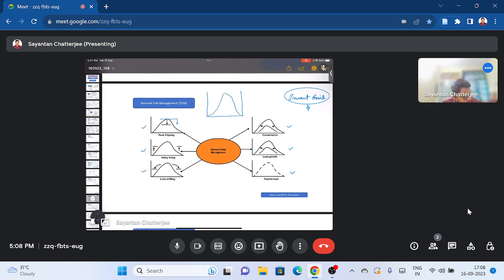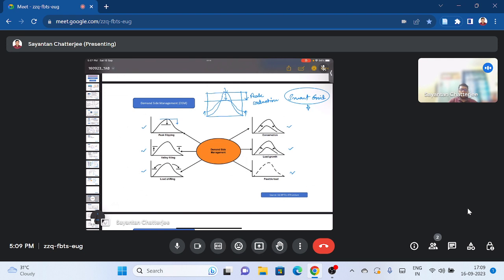Suppose we have a Gaussian curve, a symmetrical one, and this is an analogy I'm trying to give. If we press from the top, this side would increase and the tip would reduce to this position. So there is a peak reduction. That's the aim of peak shaving.